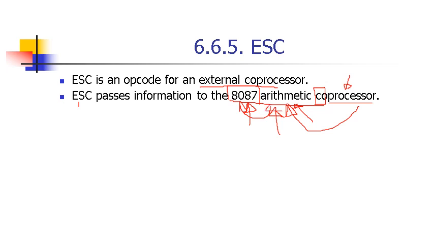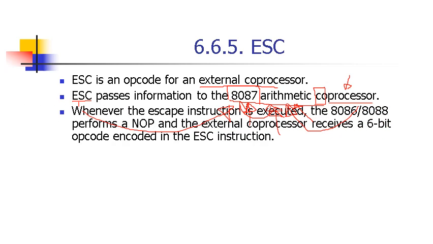So if you have some rigorous arithmetic operations, you may instruct your system to leave the main processor and go to the math coprocessor to enable you to perform these rigorous operations by escaping.